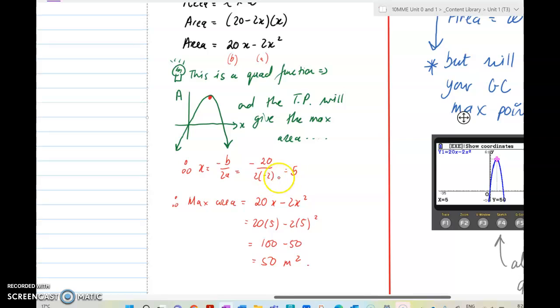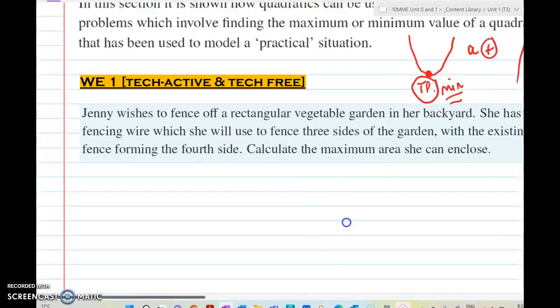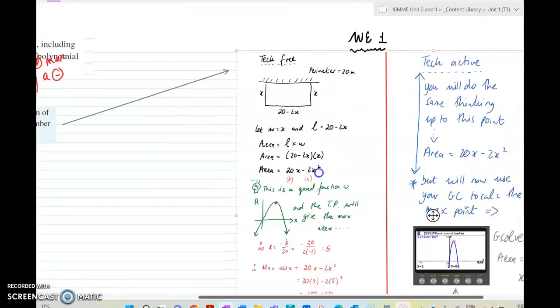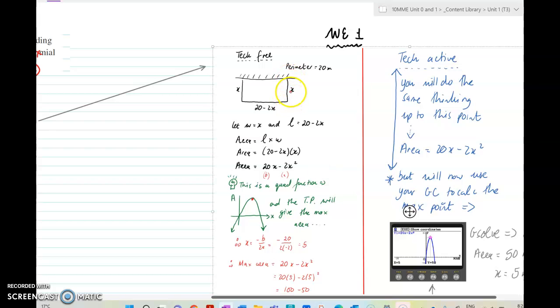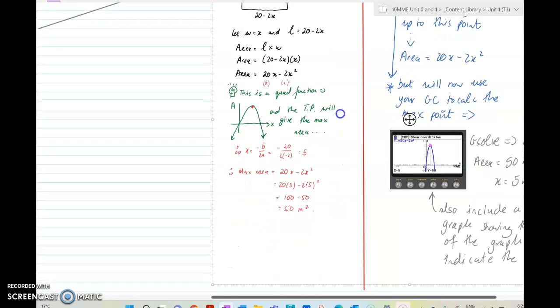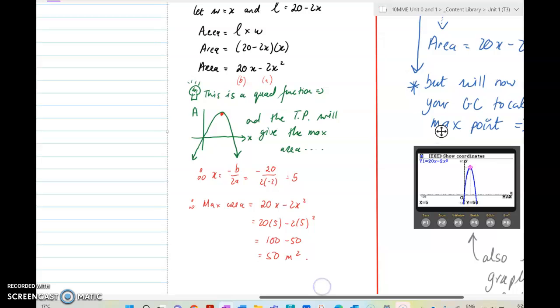In other words, the width here is 5 meters. And if that is 5, what is my maximum area? We just take our x value, sub it into our quadratic equation for area, and we get 50 meters squared. Remember your unit in the end.